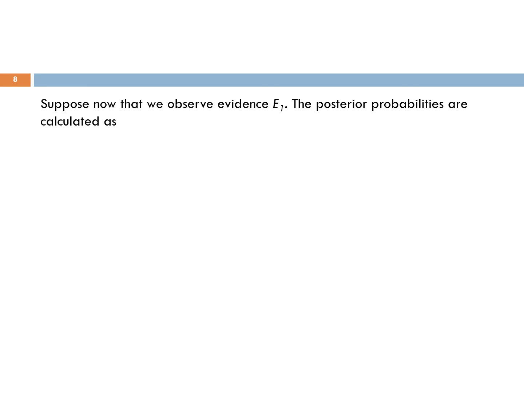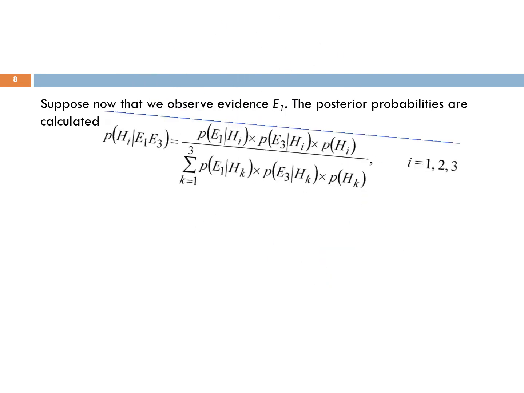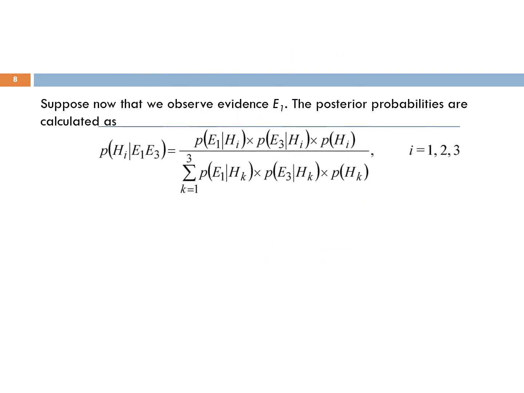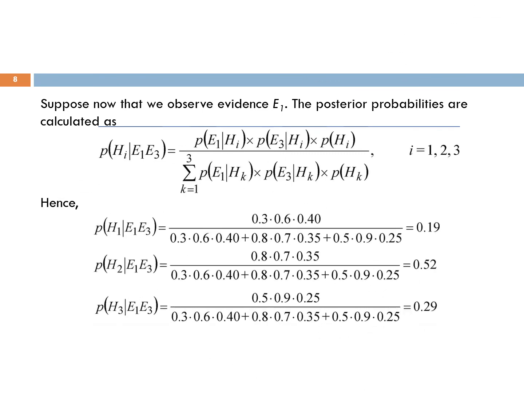Suppose now we observe the evidence E1. So we have the posterior probability which we calculated, and now we observe E1. This is what we got.